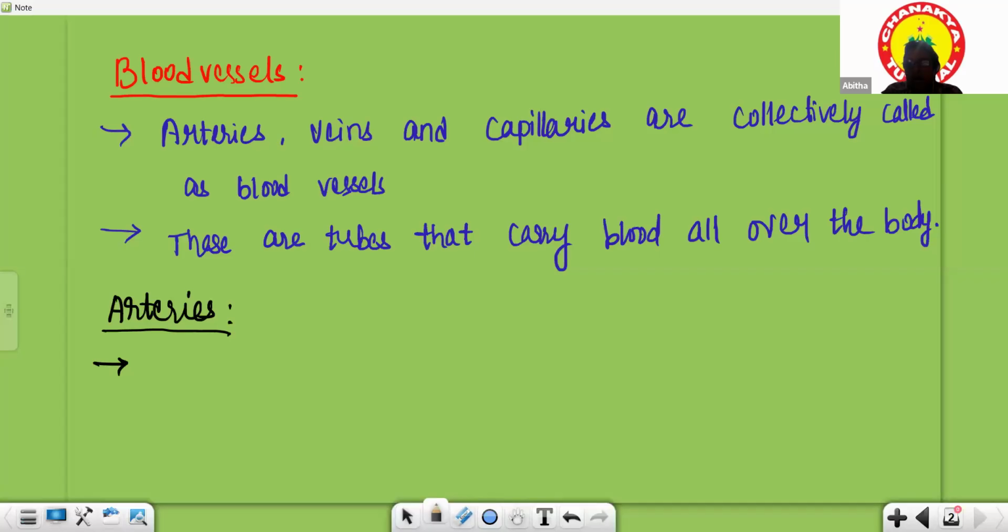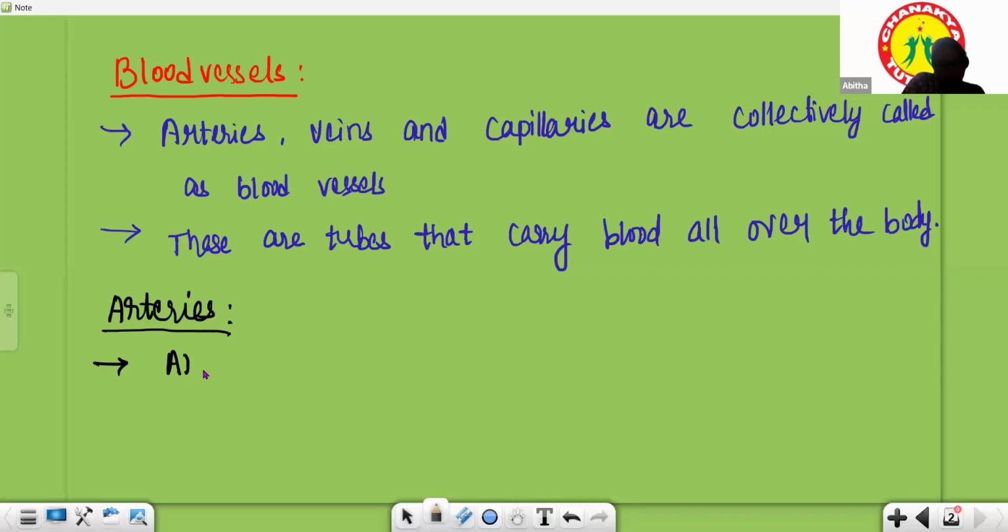The heart pumps blood to the lungs, where the mixing of blood and oxygen takes place. That blood is carried to the remaining body parts with the help of arteries. We will discuss these arteries, veins, and their functions in detail in further classes. So what are arteries?